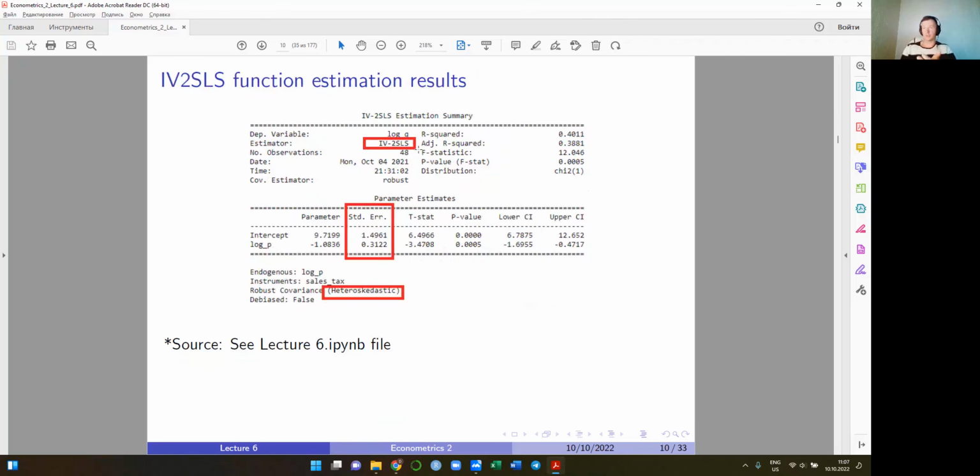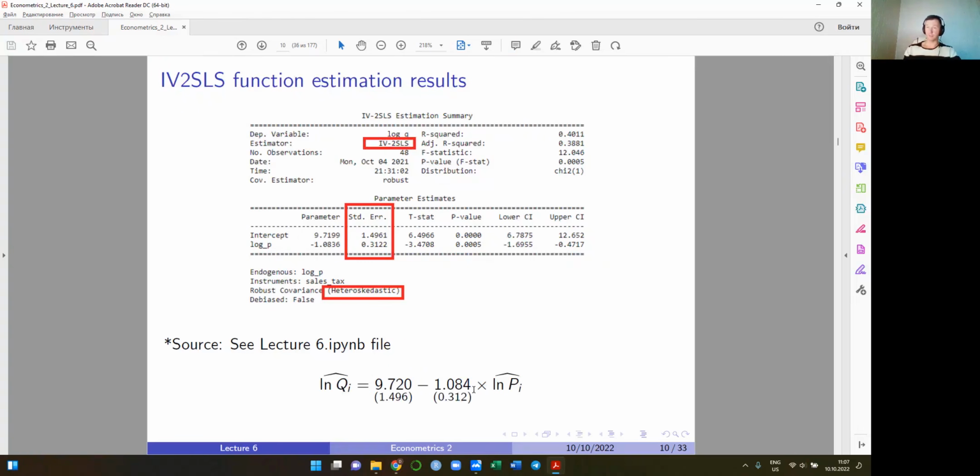You already know that there are many functions in Python that are able to produce estimations. We have OLS. 2 weeks ago you used probit, you used logit, and now there is another function that works in a very similar way, and this function is called IV 2SLS. You simply use this function, everything else is the same, and you produce the same result.